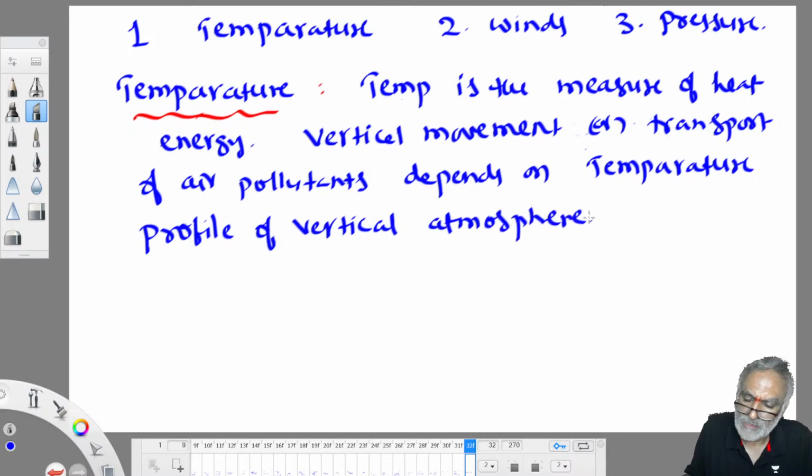The altitude to which these air pollutants rise in the atmosphere depends on temperature.